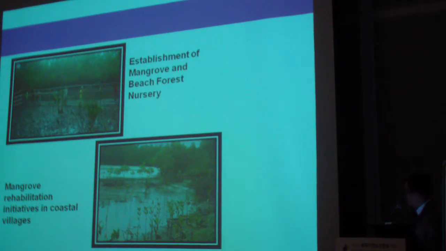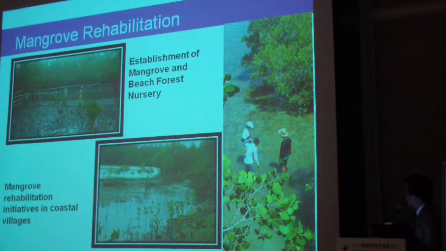So this is just some of the photos of our mangrove rehabilitation work. We're going to do a mangrove and beach forest nursery. We're going to establish this for the beach forest. And in fact, our colleague came up with a list of beach forest species and mangrove associates in the Philippines.